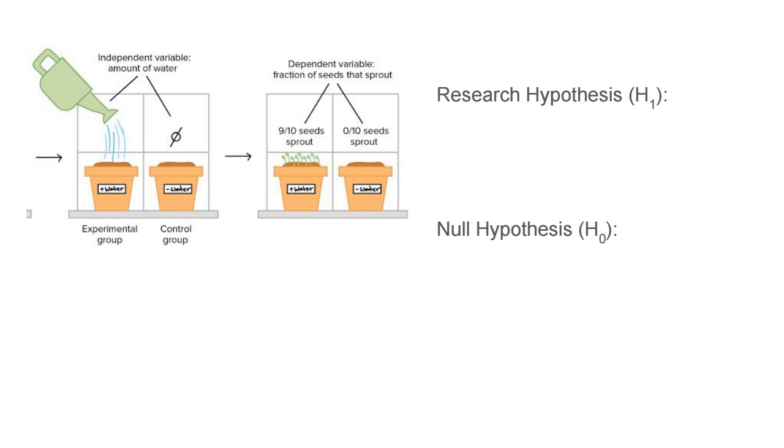Let's try to write it for this experiment. Our research hypothesis, so it looks like here we have some water. It says plus water, minus water, so we're going to go with that being the experiment.